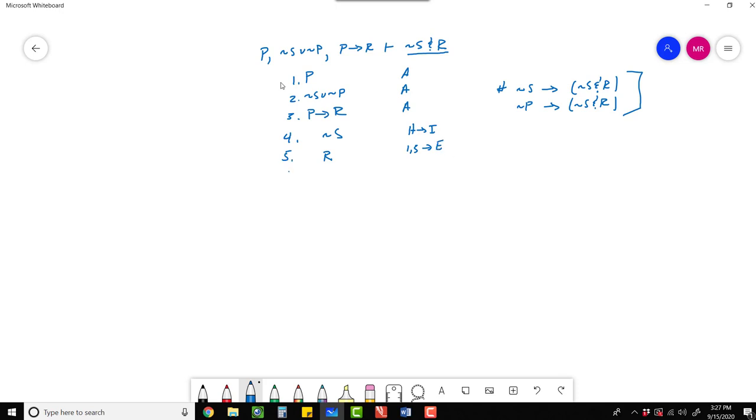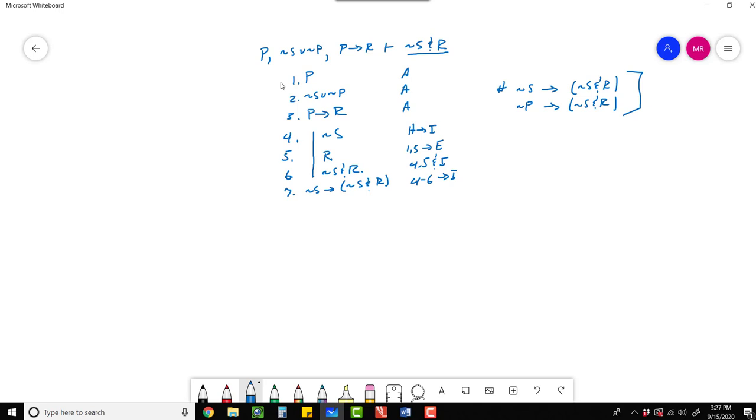And so now you've got not S and R by 4, 5 conjunction introduction. And you've completed your first conditional. So if not S, then not S and R, right? By 4 through 6 conditional introduction.